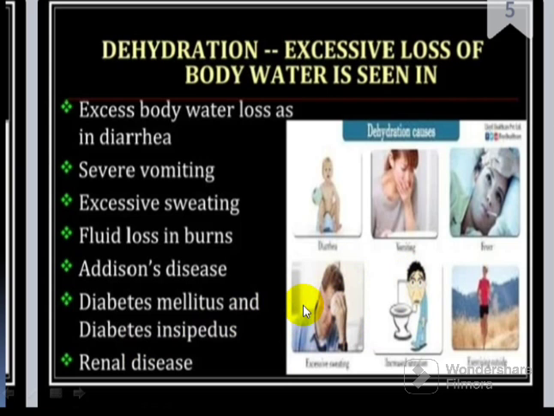The first thing you need to know is what is diabetes insipidus and what is diabetes mellitus. Alright?